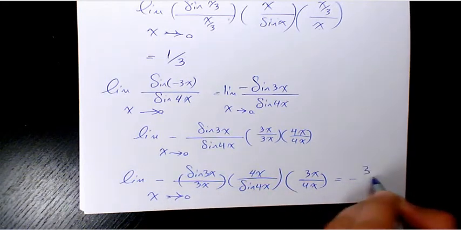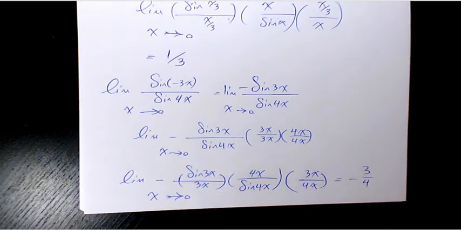That's going to make it negative 3 over 4 because we have a negative sign there.